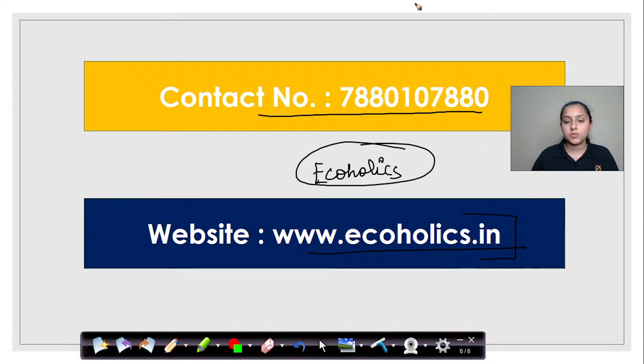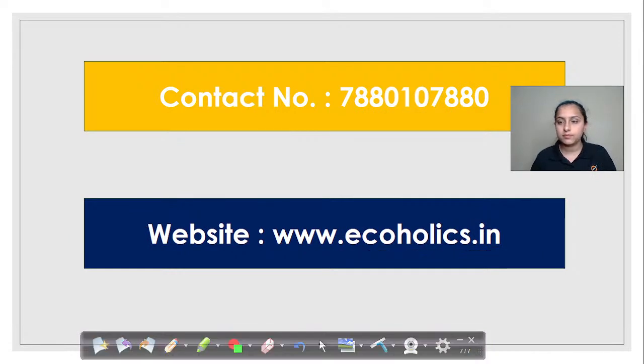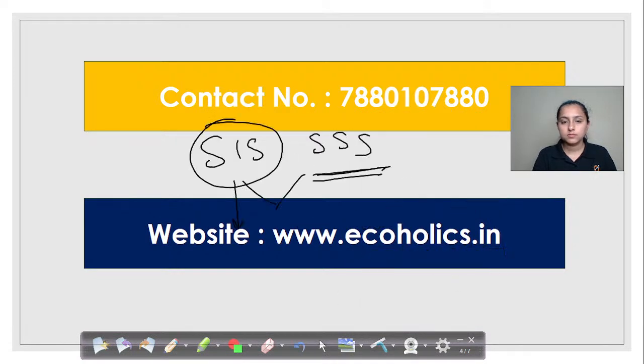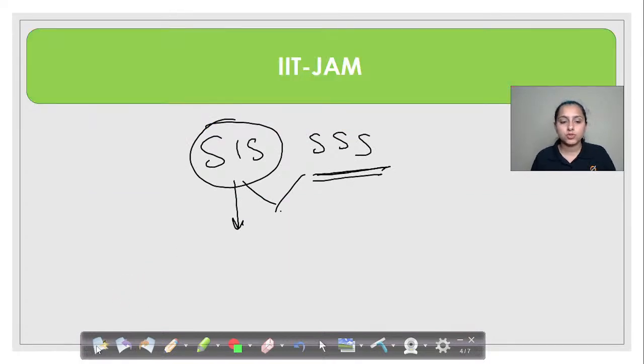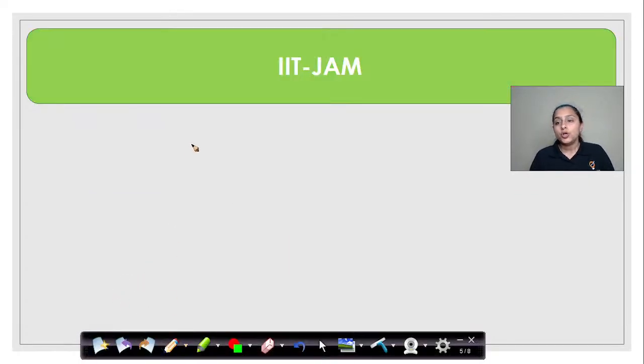Okay, IIT JAM pattern. Someone has asked me about the IIT JAM pattern. If we talk about economics, they ask MCQ questions for 1 mark as well as for 2 marks.